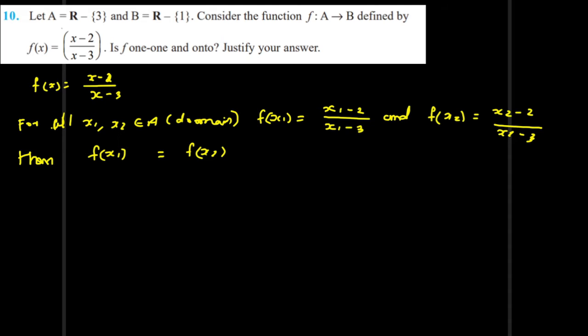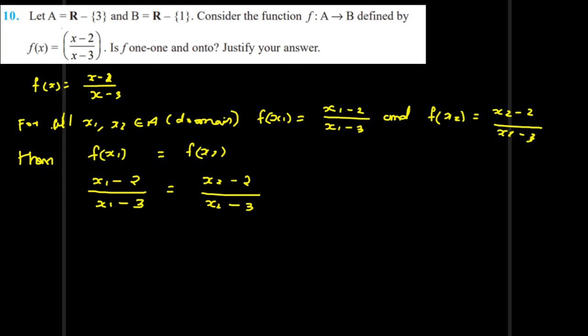What is f of x1? (x1 minus 2) by (x1 minus 3) equal to f of x2, equal to (x2 minus 2) by (x2 minus 3).